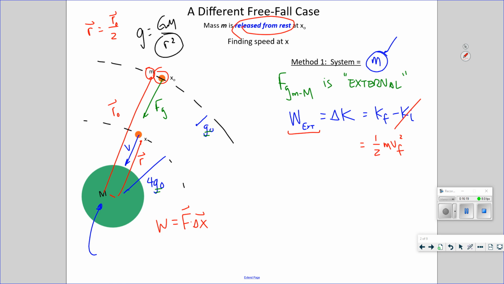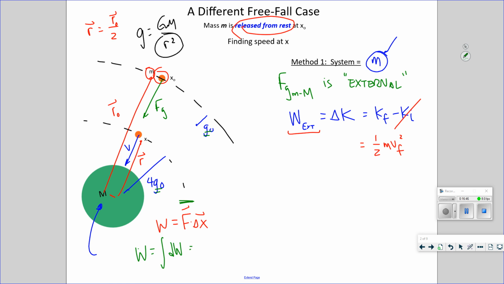Well, that's if the force is constant. Or if we knew what the average force was, we could use the average force over delta x. But this force doesn't change uniformly over space. So what we have to do, here comes the calculus, is say there are lots of little amounts of work done, and the integral means we've got to add all those up to figure out the total amount of work done.